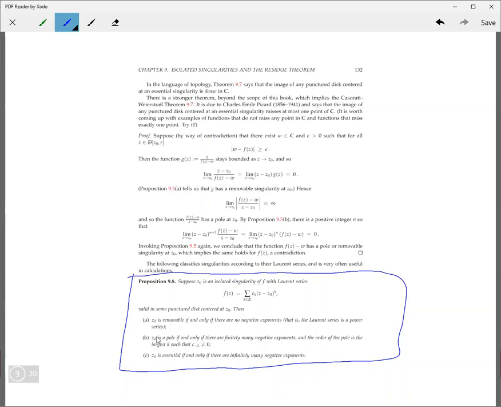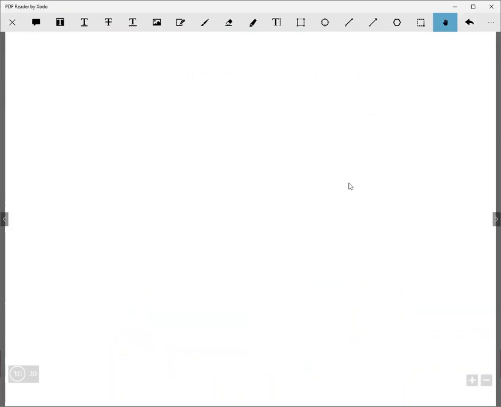This is probably the most important one for you guys to understand, and the best one that you can utilize when we look at future sections: if it's a pole, then there are finitely many negative exponents, and the order of the pole is the largest k such that c sub minus k is not equal to 0. So in other words, let me write it right here.